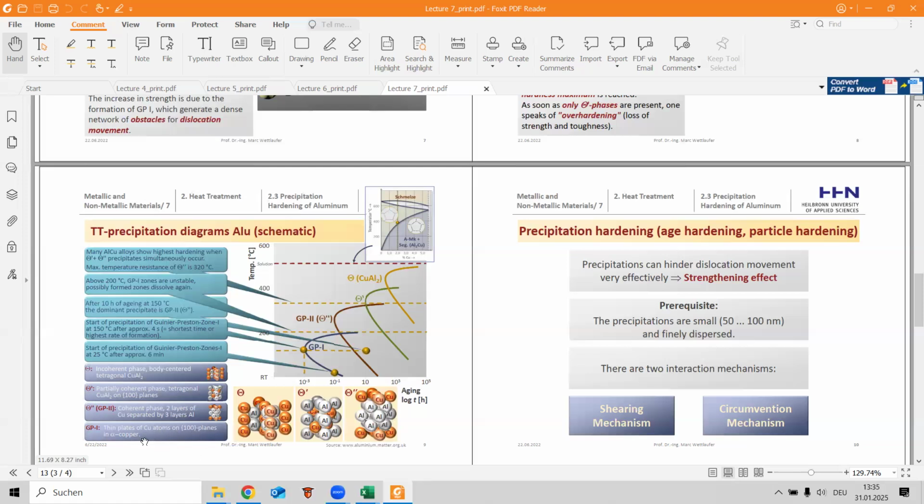Precipitation aging, logarithmic time axis. Theta phase. Theta prime. That's theta double prime, so GP2 zone.